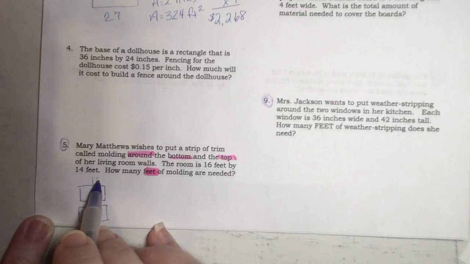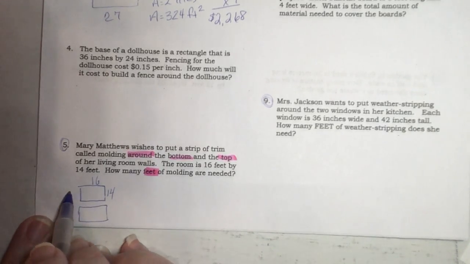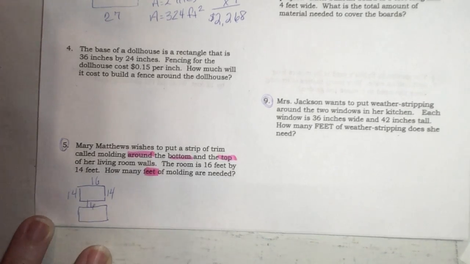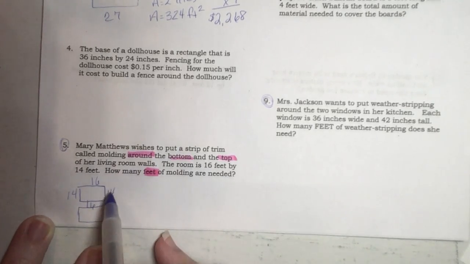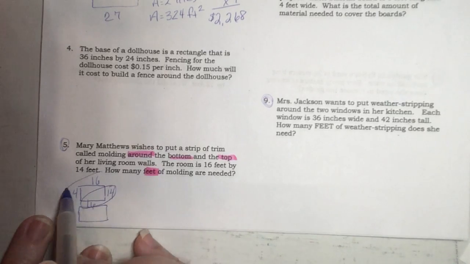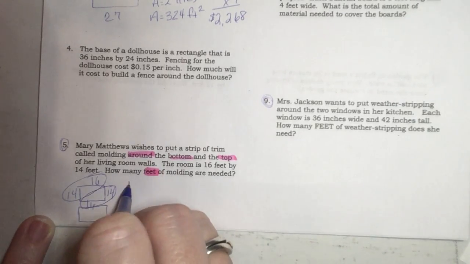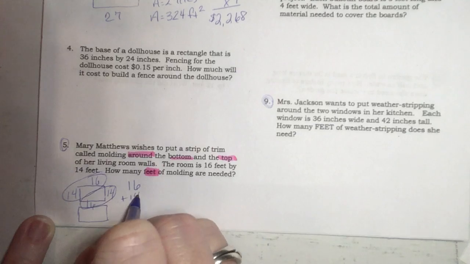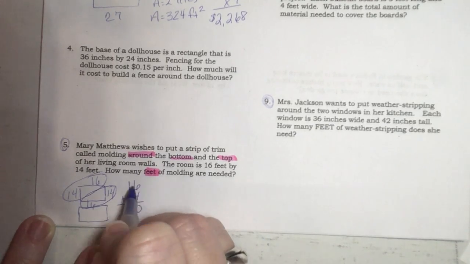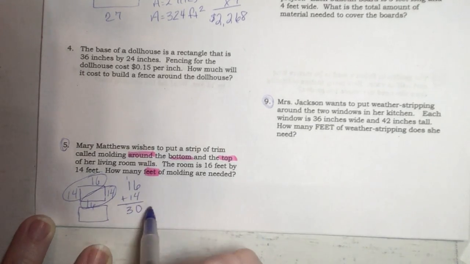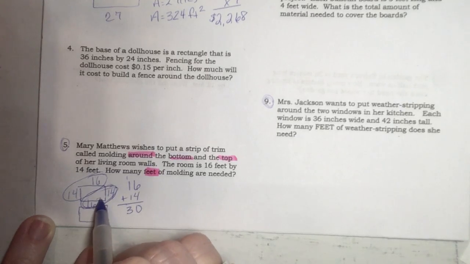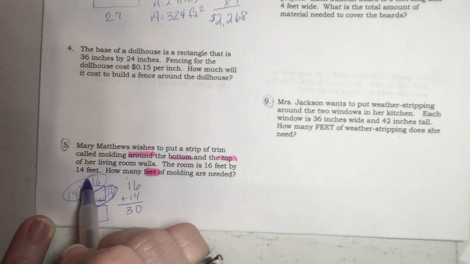So 16 by 14, so this would be 14, this would be 16. Another way you could do the perimeter easy: 16 plus 14 is 30. So if this is 30, that means this is also 30.